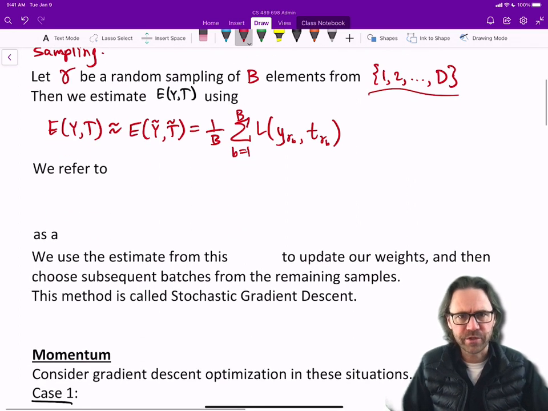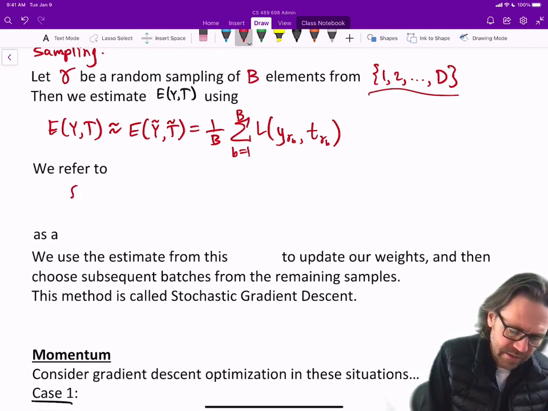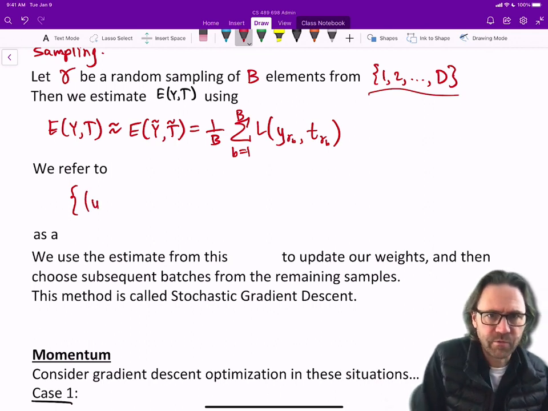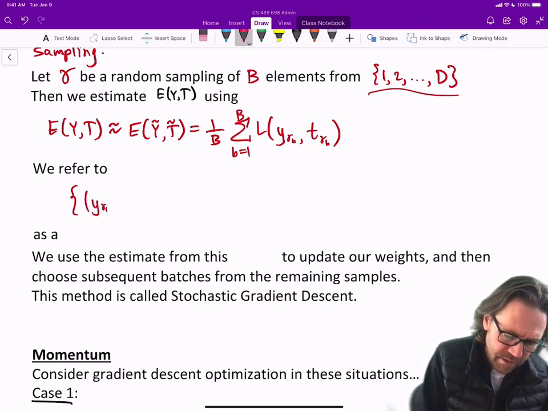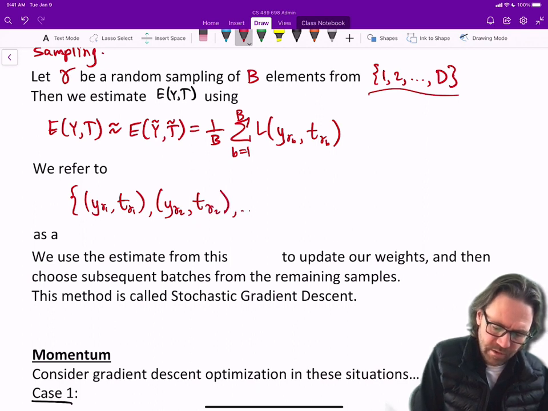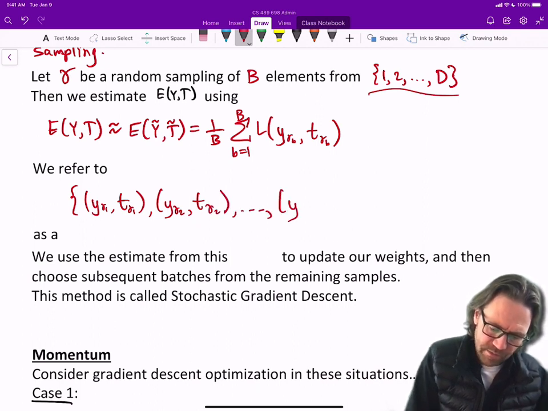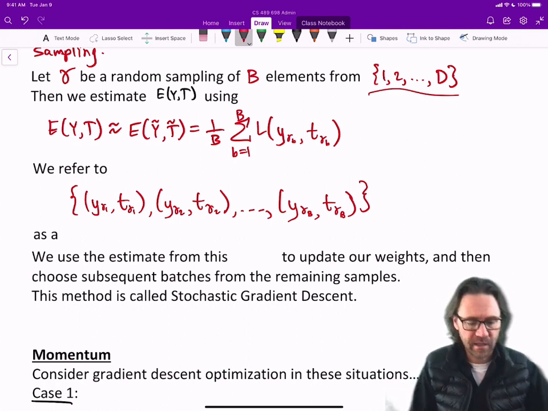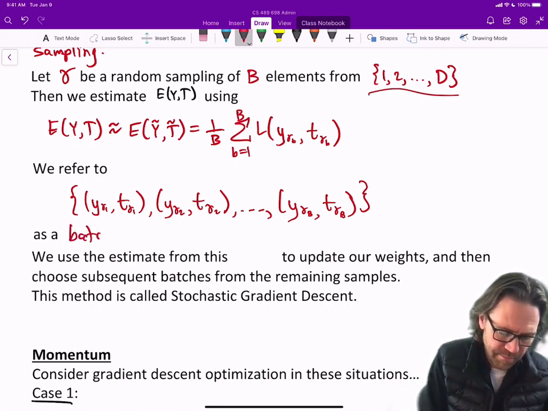We refer to this set as a batch, the set of inputs. So y sub gamma 1, t gamma 1, y sub gamma sub 2, t sub gamma sub 2, and so on up to y sub gamma capital B, t sub gamma sub capital B. That's a set of capital B elements, and it's called a batch.